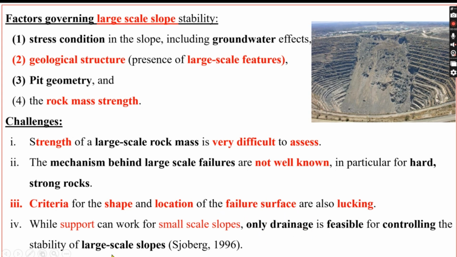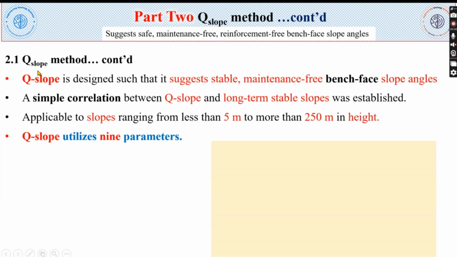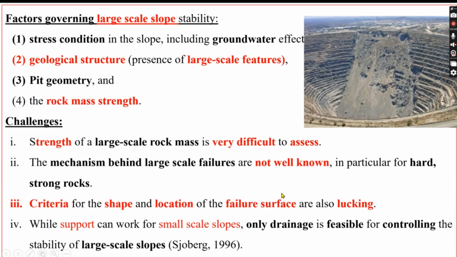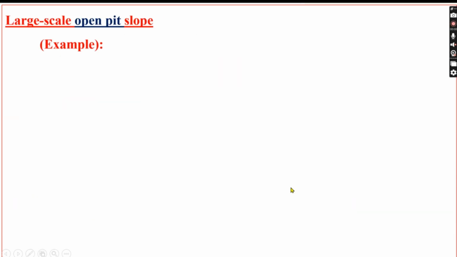So we have to know that in real life, most of the time the dominant failures are local failures, therefore small-scale failures. Therefore, Q-slope is designed for small-scale slope failures, from less than 5 meters height to greater than 250 meters height.